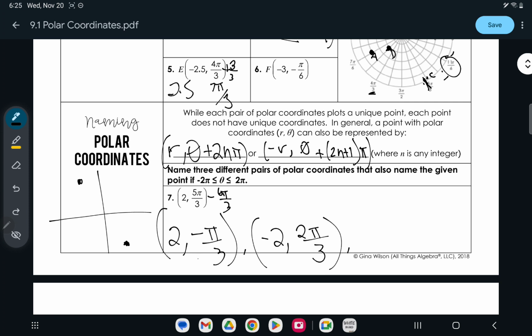The 5 pi over 3 would be the positive one, and then this 2 pi over 3 would be the other one. So I gotta think, I probably have another negative angle. Okay, I cannot think right now.